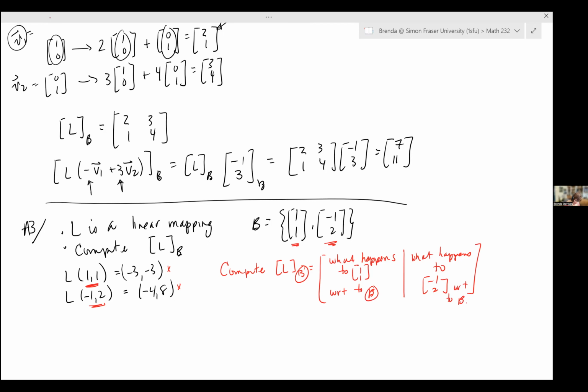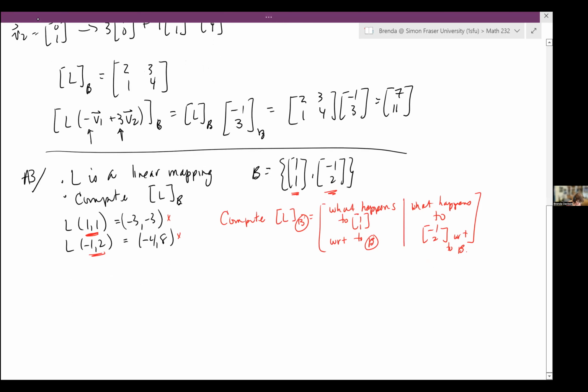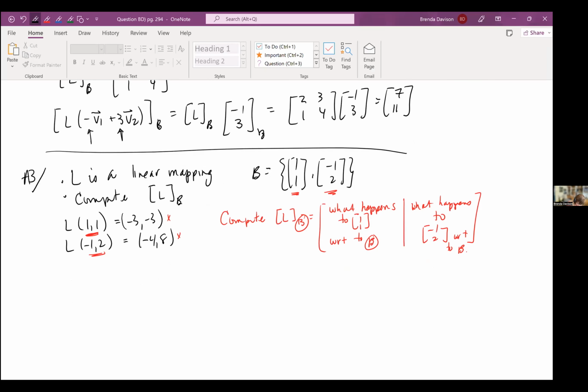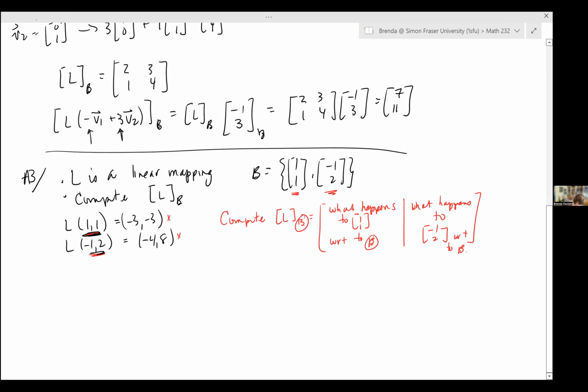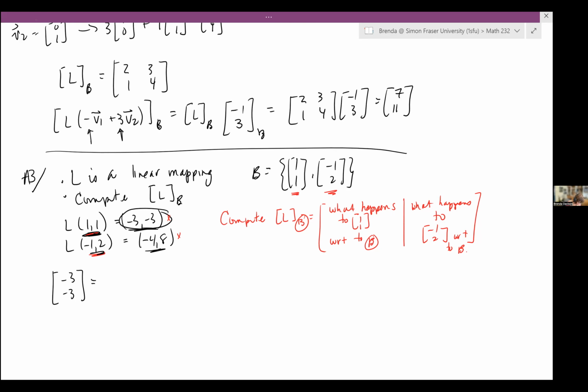Okay, so I now know what happens to this vector. It results in this vector under the linear transformation. I know for both of them what that is. What I then need to do is take this guy and figure out what the components of that guy are in the basis B. So that question is this: -3, -3, that is equal to, and I'm going to write this down.